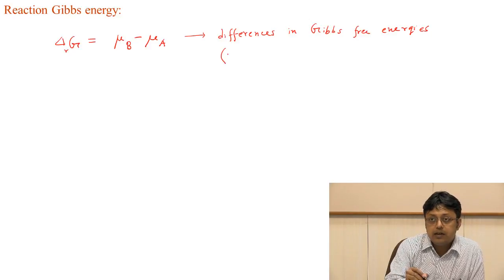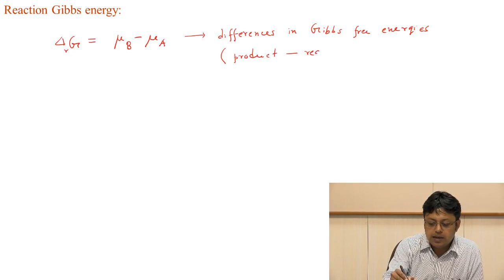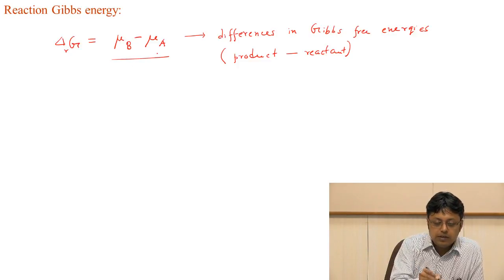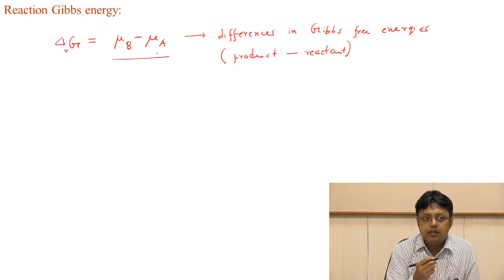So the difference is taken as product minus reactant. And if we do it this way, we see that the reaction Gibbs free energy is nothing but the difference in the chemical potential of the product minus reactant.